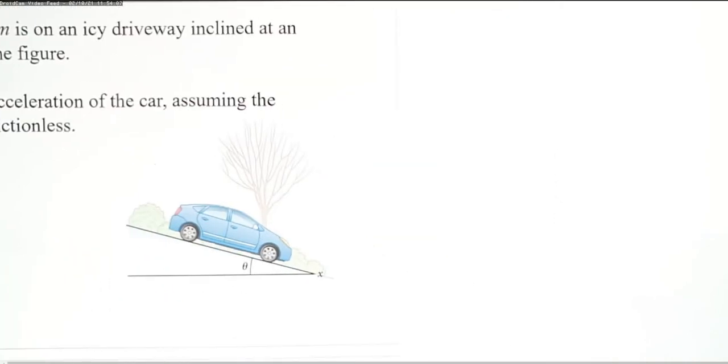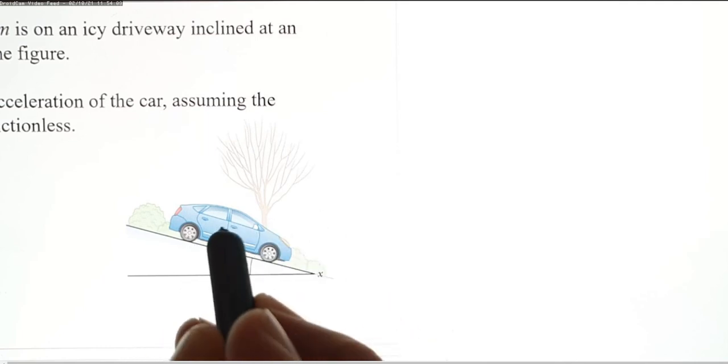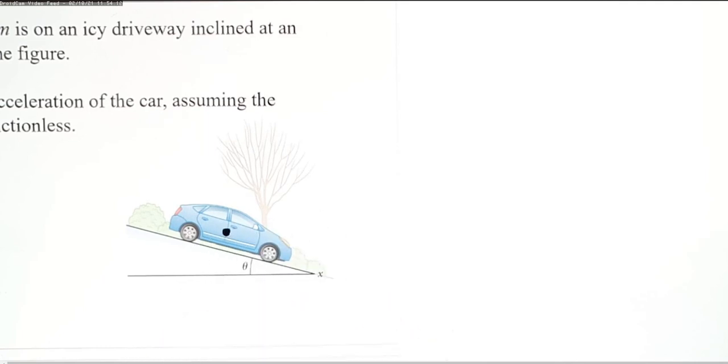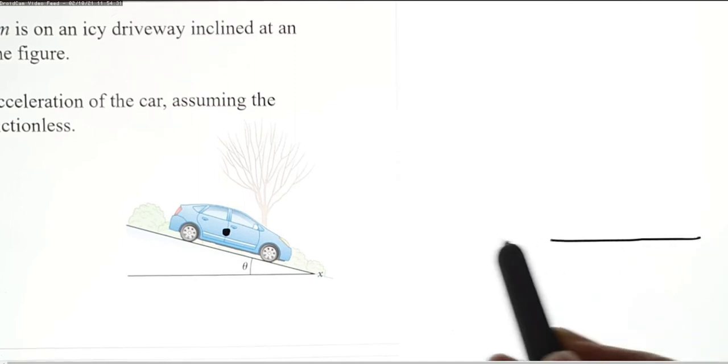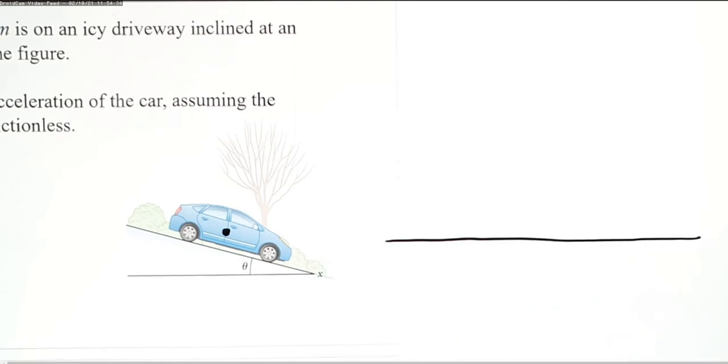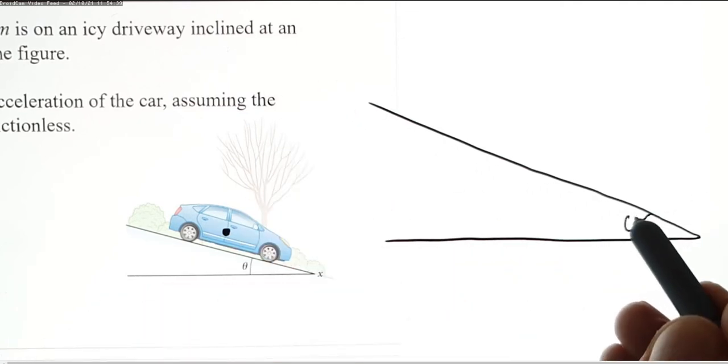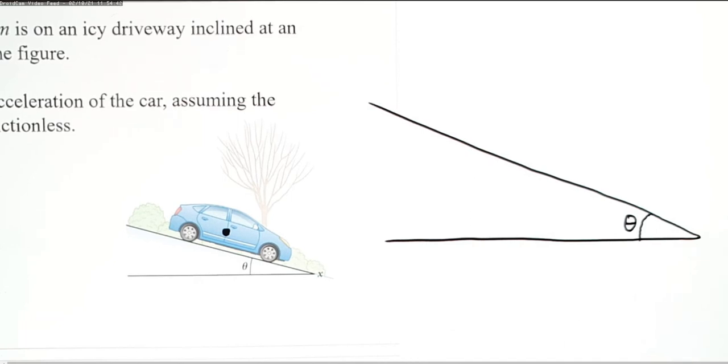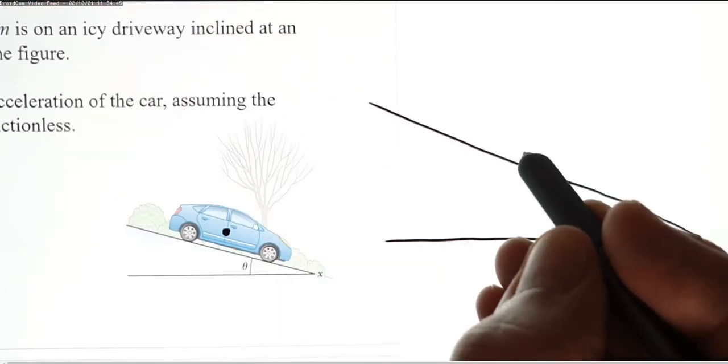So free body diagram, we assume the car as if it's a dot. It can be a car, it can be a box, it can be a man, it can be anything, but something on an inclined plane. So in this situation, here is the ground, here is the inclined plane, this is our theta, and this is our object.